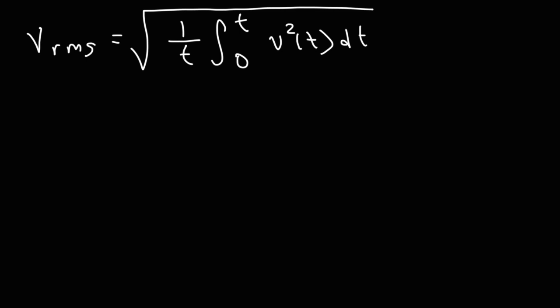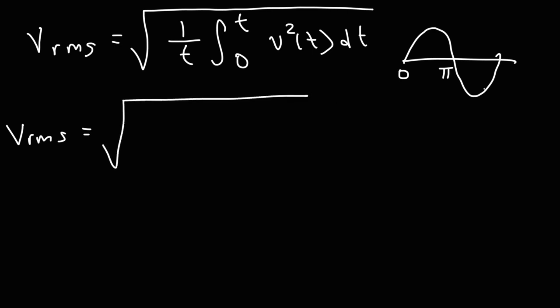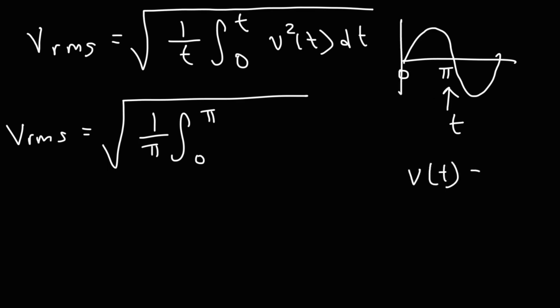So let's do that regarding the sine wave that we have. So we're going to integrate it from 0 to pi. So in this case, T is going to be pi. So it's going to be 1 over pi times the definite integral from 0 to pi. And we know that v of t is sine t. So this is going to be sine squared t dt.